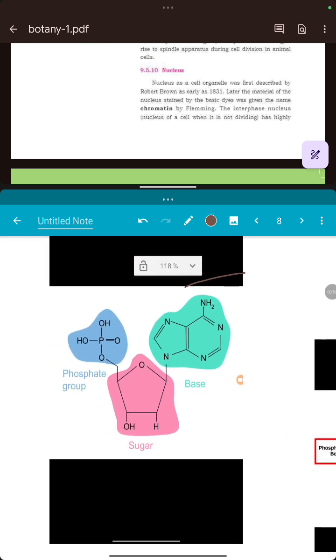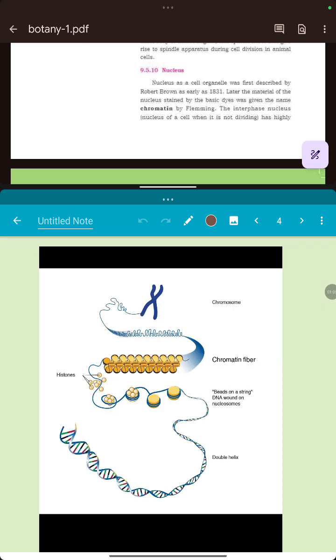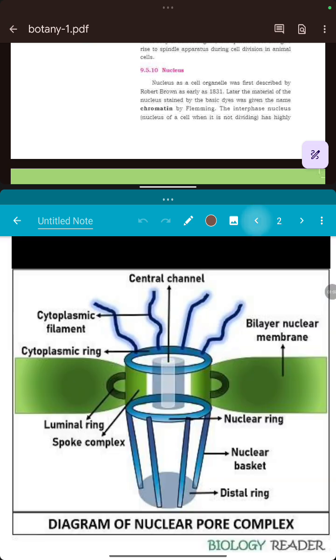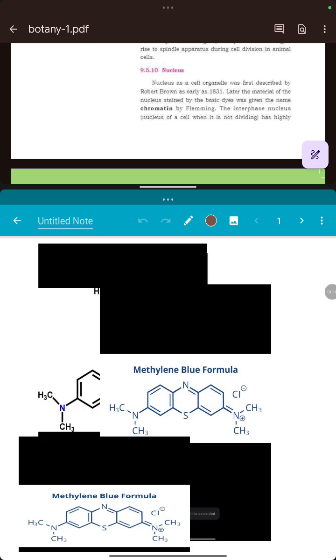See here, this was DNA. Here oxygen was negatively charged, and here nitrogen was positively charged.